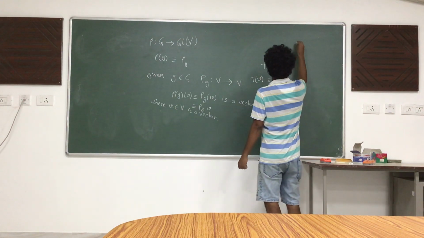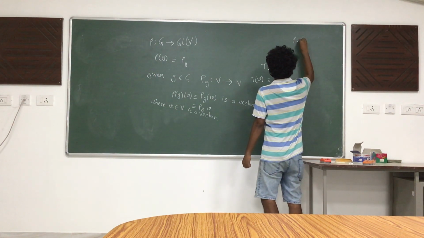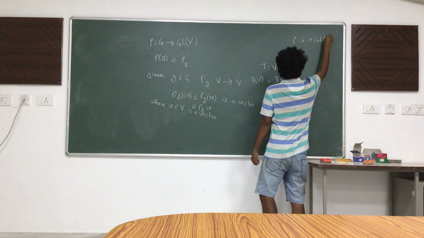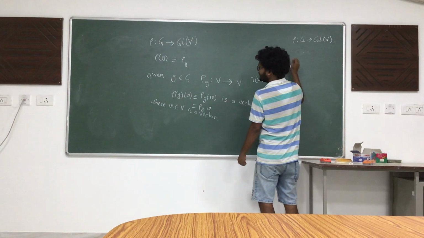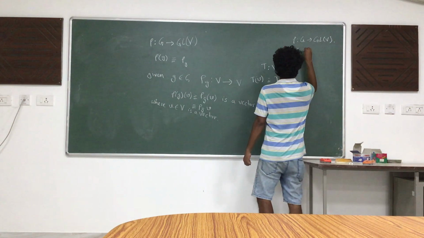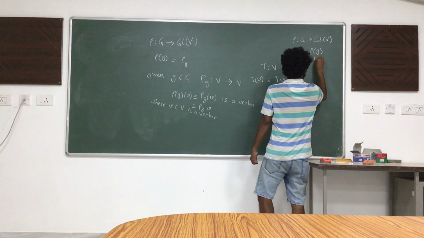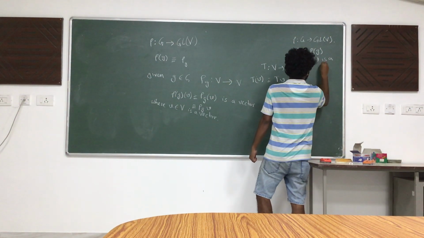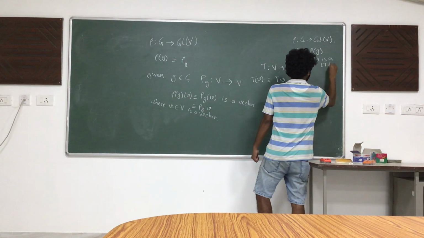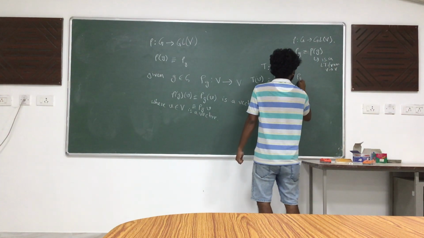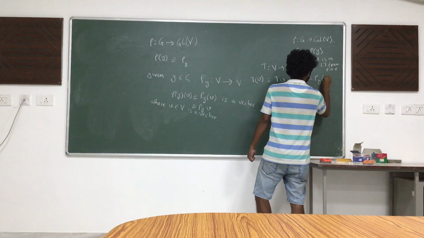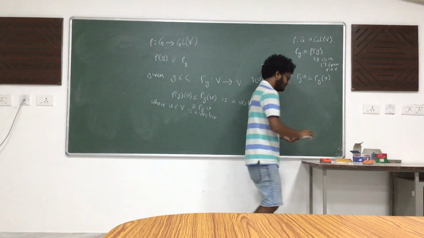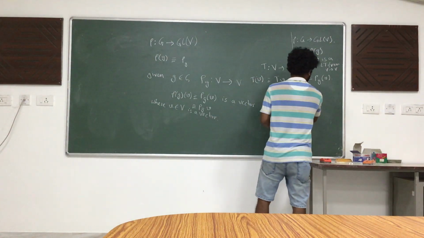Let us write that: rho g is nothing but rho of g, which is a linear transformation from V to V, and rho g v is essentially rho g of v.